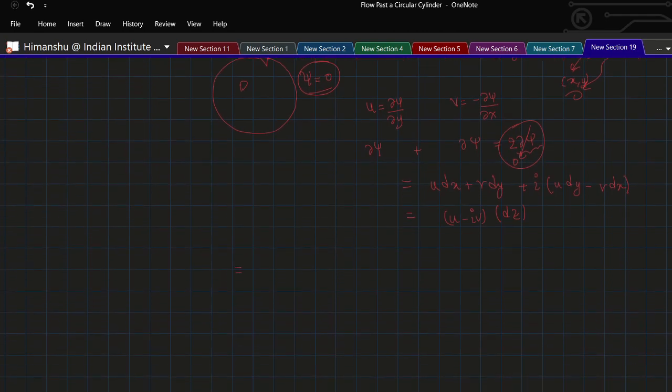So our result would be iota rho over 2 (u minus iota v)(u minus iota v) times (dx plus iota dy), and we get rho equal to... this is nothing but the complex velocity, that is the differentiation of v, z square times dz.